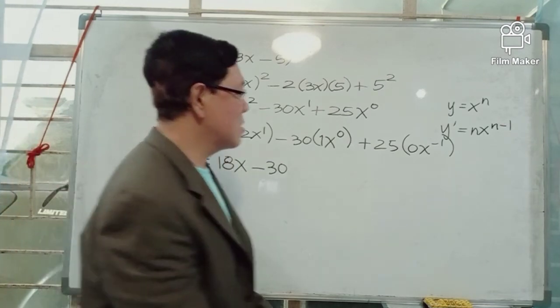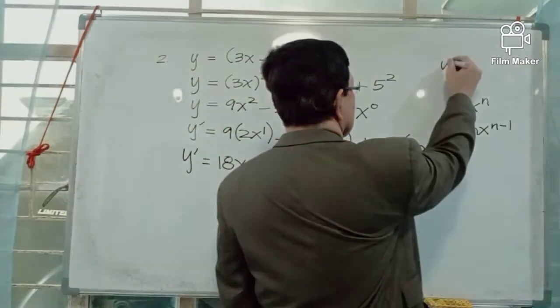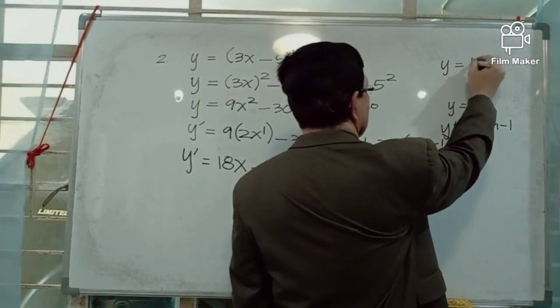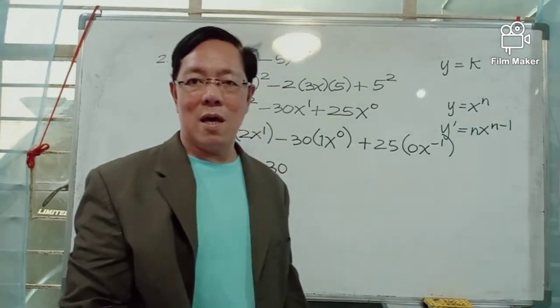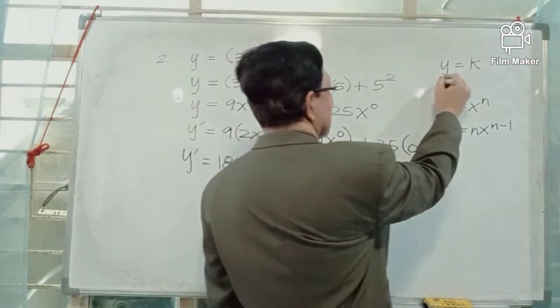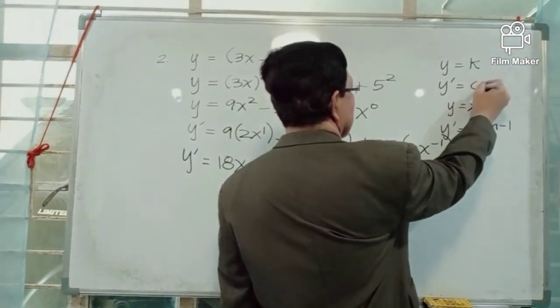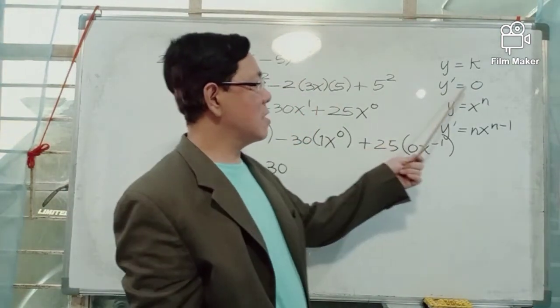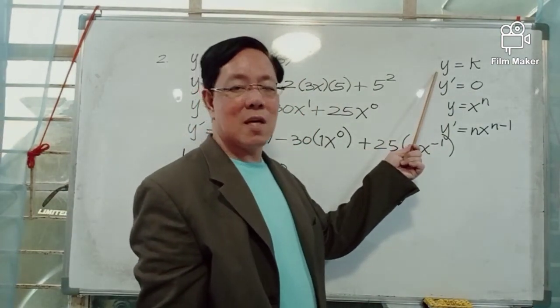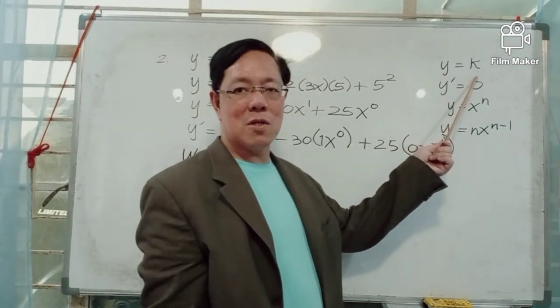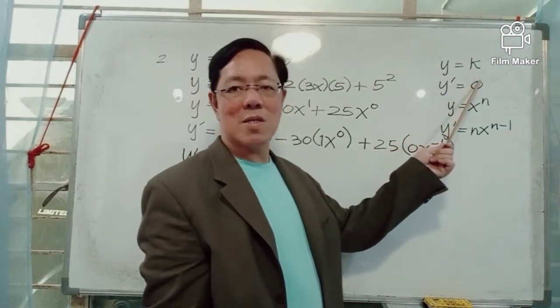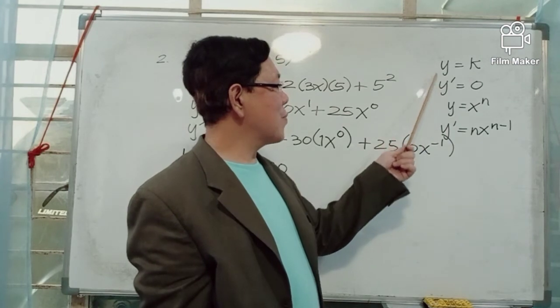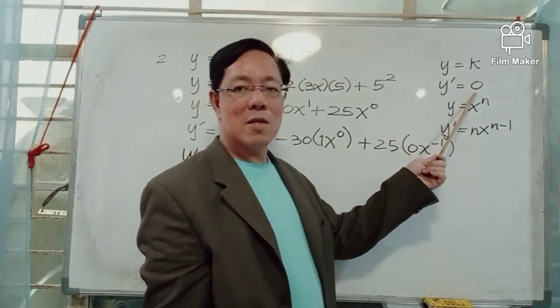If the function y is equal to a constant k, then derivative of y is 0. If the function is a constant function, that is y equals k, then derivative of y is 0.